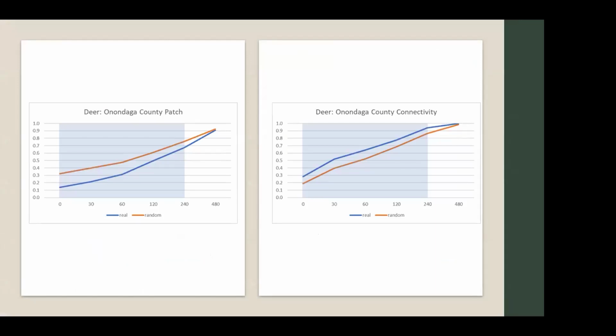So the outcome of that statistical significance difference is that, interestingly, the random points were more correlated with the patch areas than the real points, but more along the lines of what we were expecting, the real points were statistically significantly more correlated with connectivity than the random points. That blue background to the graph indicates where the difference between the real and the random are statistically significant.